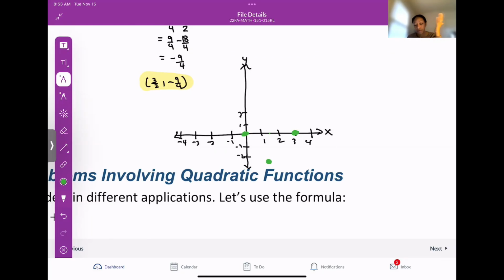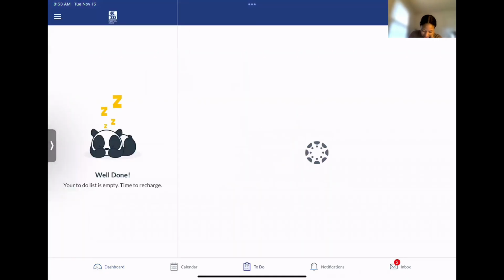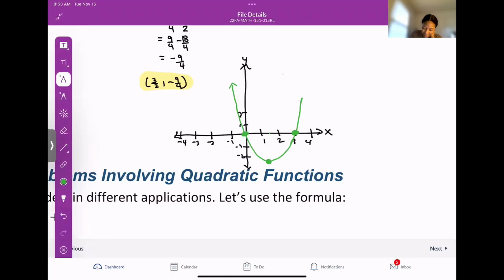And then we want to draw a parabola that goes through these. Try to draw even on both sides. Mine was not even on both sides, but we can fix it. Maybe we can't. Sorry, my wrist just keeps hitting everything today and ruining our picture. All right, there we go.